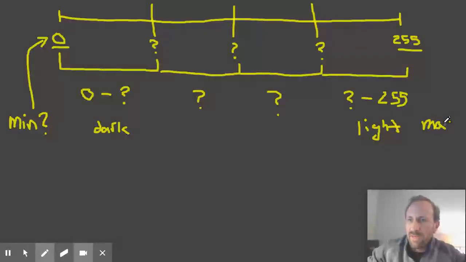You could write a max algorithm to figure out what the maximum pixel value actually is, and replace 255 with it. Let's say you found out the min was 5, and rather than 255, your max was like 240.